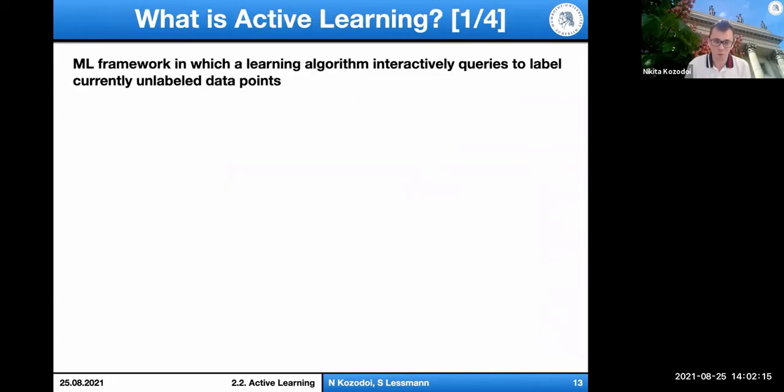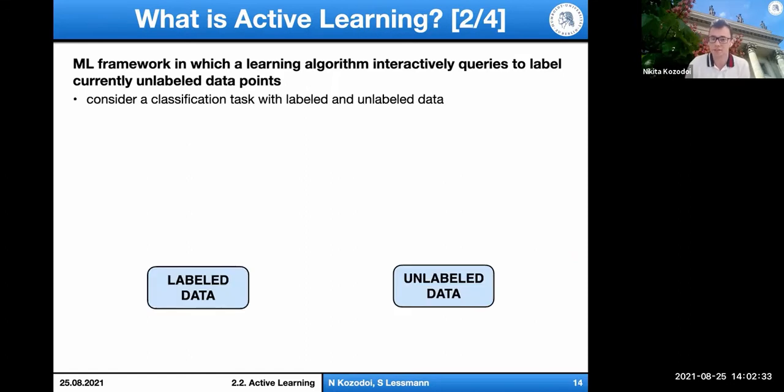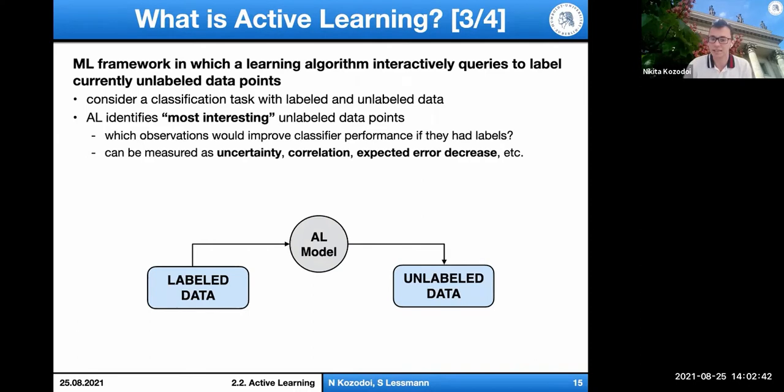And to give you just a quick background, active learning is essentially a framework where you have a learning algorithm that queries to label the data points that are currently unlabeled. That essentially tells which data points are more interesting, so to say. So if you consider a classification task where you have labeled and unlabeled data, like in credit scoring, labeled are accepts and unlabeled are rejects, what active learning does is that it identifies unlabeled cases that are deemed useful.